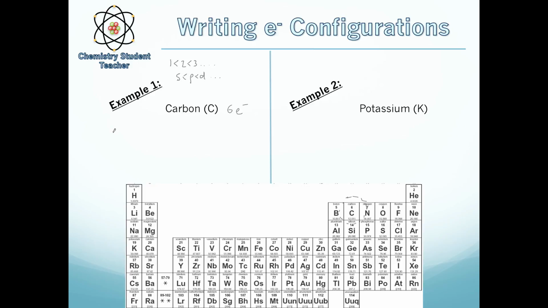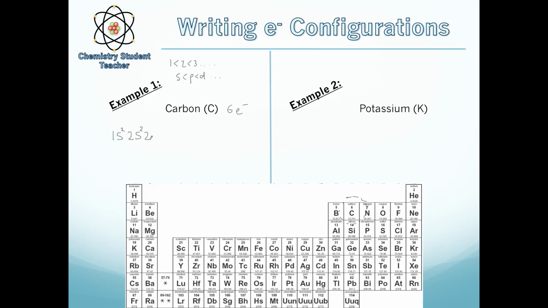But how you write it is, if you fill up the 1s first, you write, okay, 1s, and how many electrons there are in there. So there can be a maximum of 2, and we've put 2 in there, so 1s, and then superscript 2. Then with no spaces, we go 2s, as we're filling 2s up, with a superscript 2, because we've put 2 electrons in there.